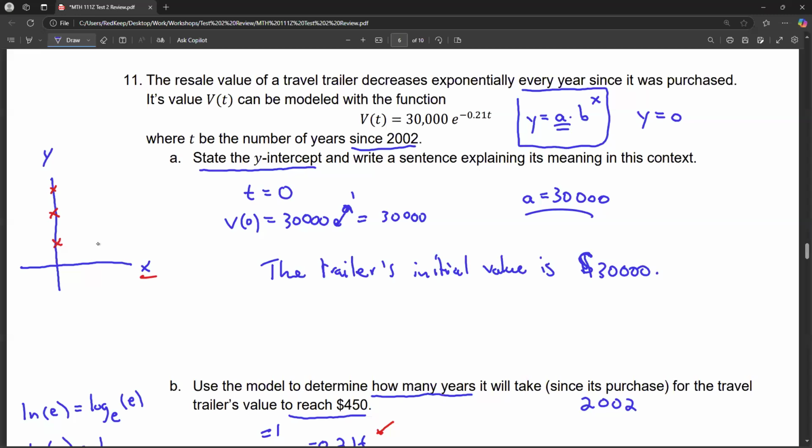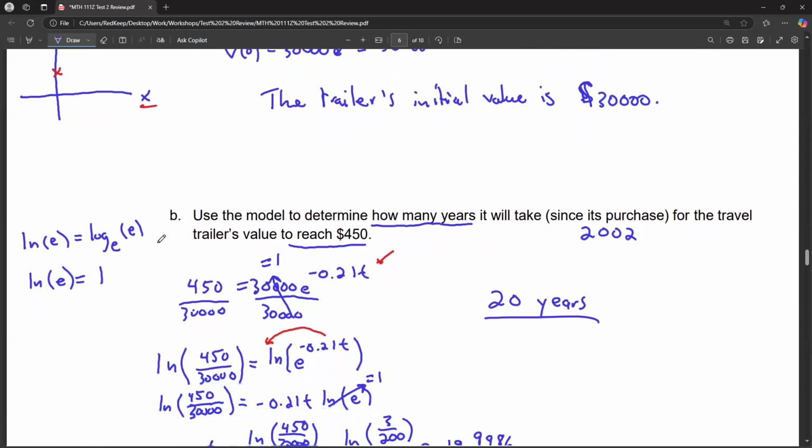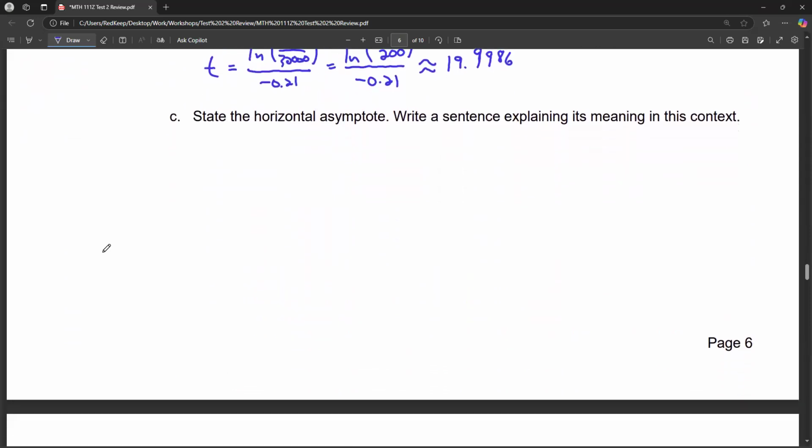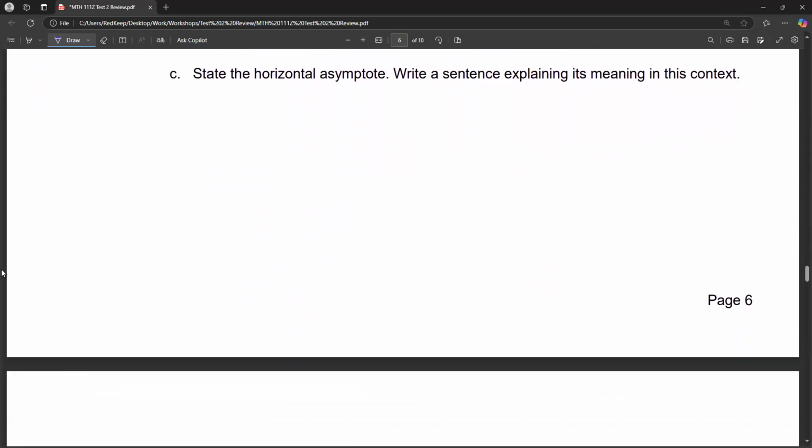And so we know in a very similar way that our horizontal asymptote is v is equal to 0, right? So here, state the horizontal asymptote. That would be v is equal to 0. That would be our horizontal asymptote, right?